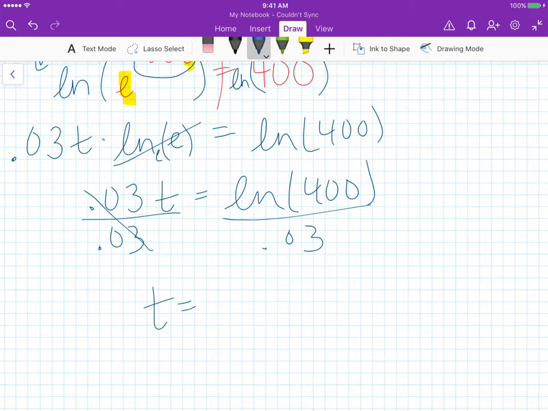T equals. Now, in your calculator, you make sure you use the natural log button instead of the log button.